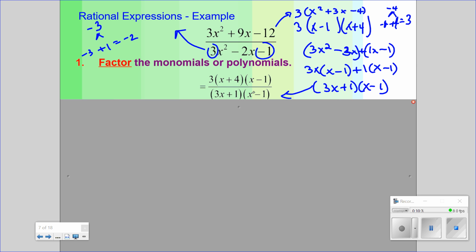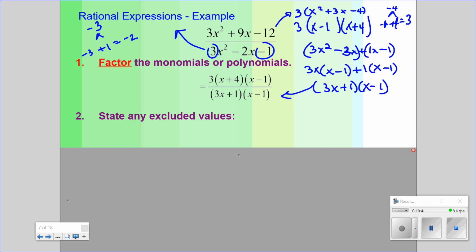Before you go canceling, I know you see those x minus 1s are the same and you want to cancel them out. Before you do that, you need to first state what values x cannot be equal to that would make the denominator equal to 0. So we'll take 3x plus 1, and hopefully you can start to be doing this in your head, but set it equal to 0.